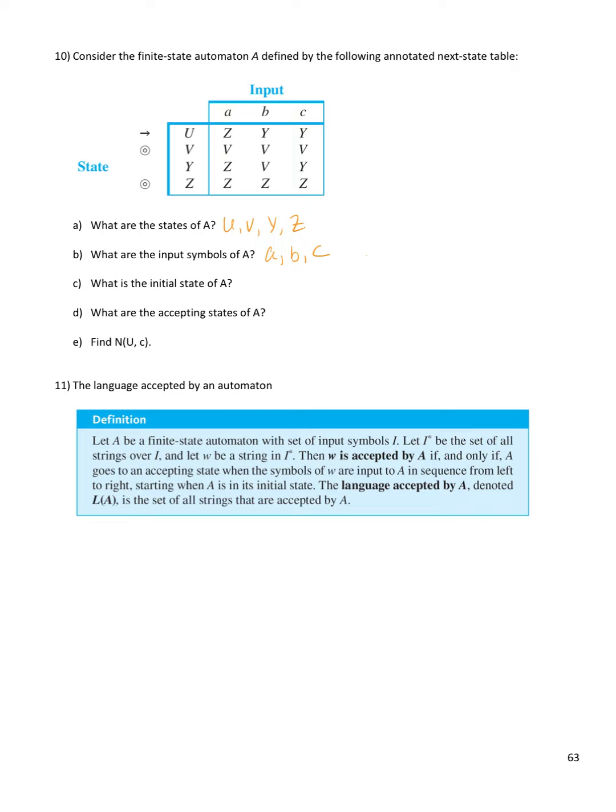A, B, and C. The initial state is denoted with the little arrow, so that's U. The accepting states are denoted with the double circle, so that's V and Z. And then I'm supposed to find the next state if my state is U and my input is C. So when the state is U and the input is C, my next state is Y.